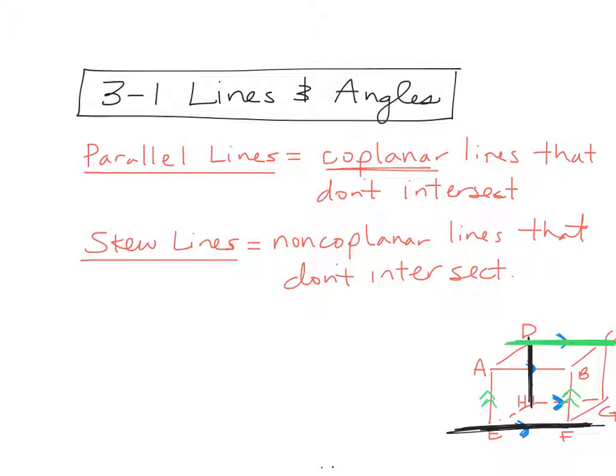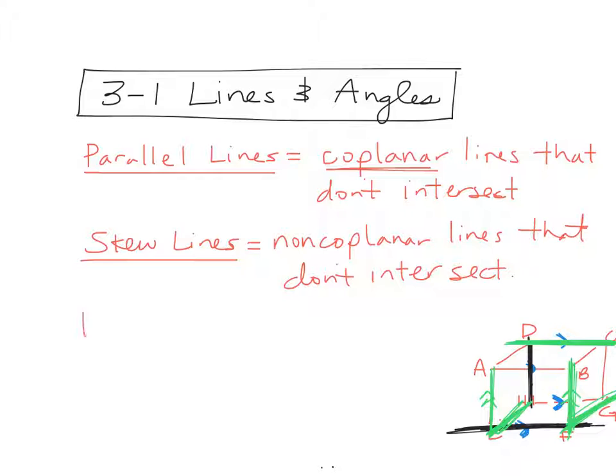It's sitting on the same slope as that. BF would be 1, right? Those are skew. Or FG would be 1. AE would be 1. And HE would be 1. So those 4 lines are skew to DC. They'll never touch, but they're not parallel. Okay?